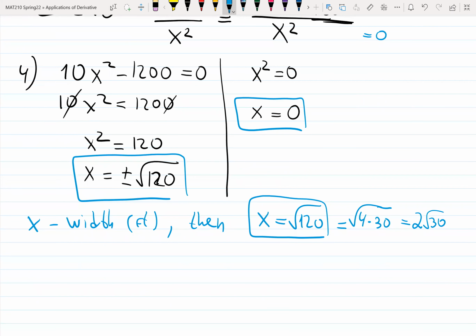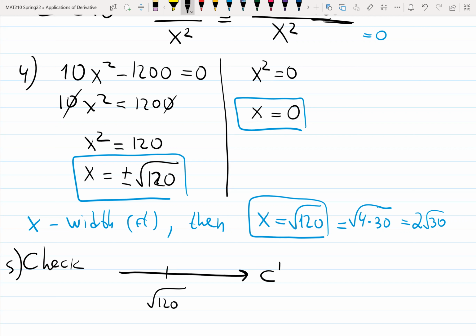You can check using the first derivative test like I had before, and I had you do it in the quiz, that indeed that is a solution. Remember, if you do check, how do you do it? Draw the first derivative test for the cost function for this critical point. And what do you expect to have since we're minimizing? You expect to have minus and plus, right?